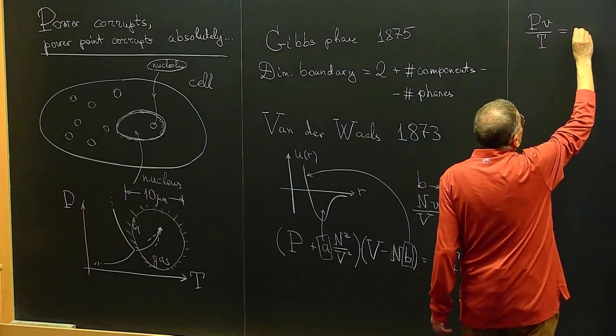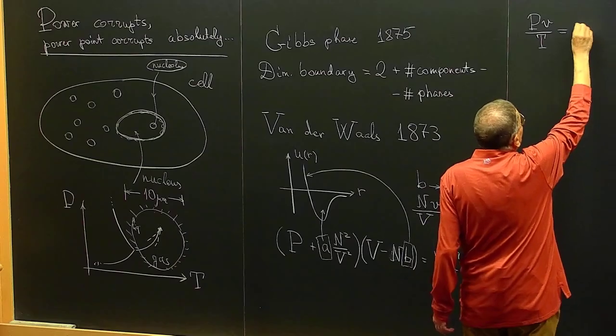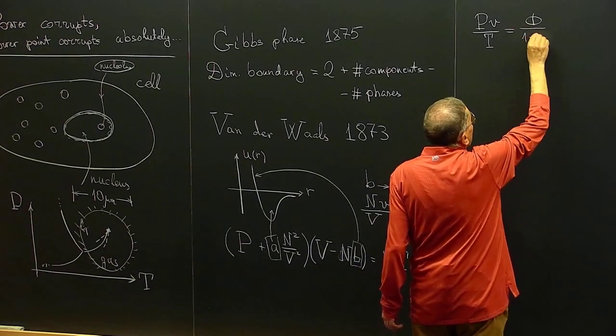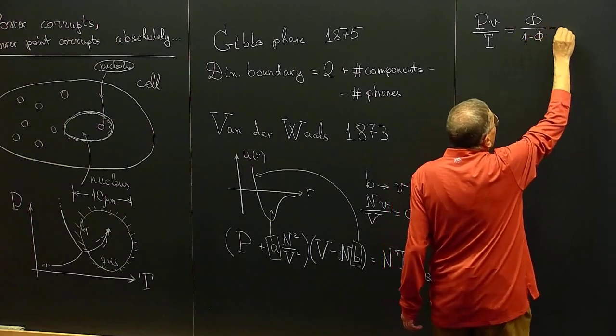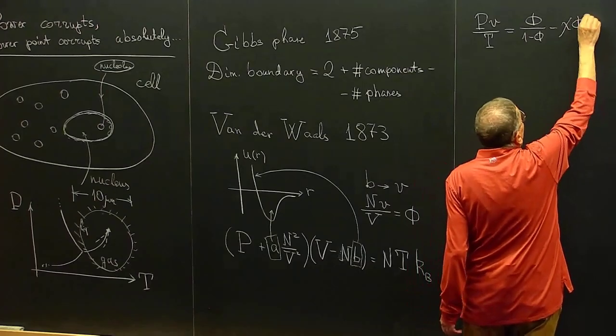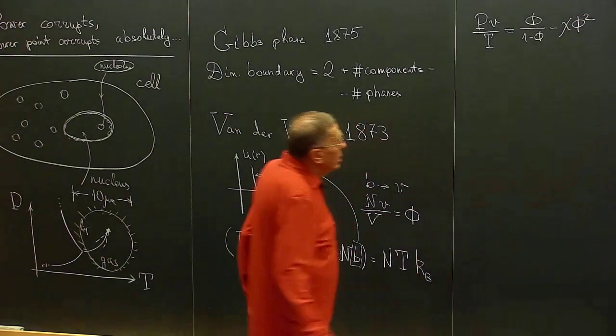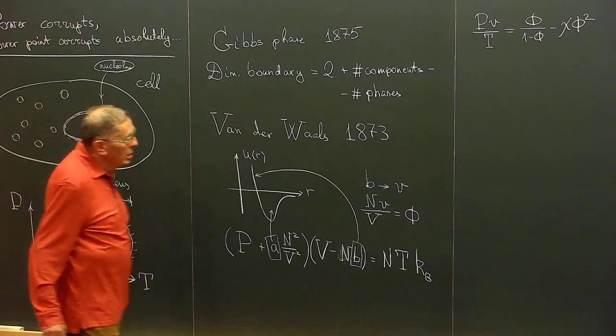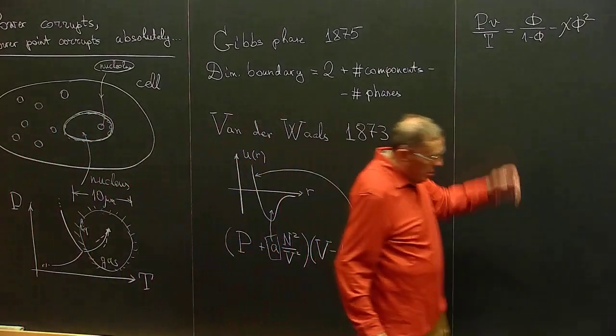So that will be phi divided by 1 minus phi minus something that is based basically on this A, and for the reason that you will see a bit later, I will call chi.